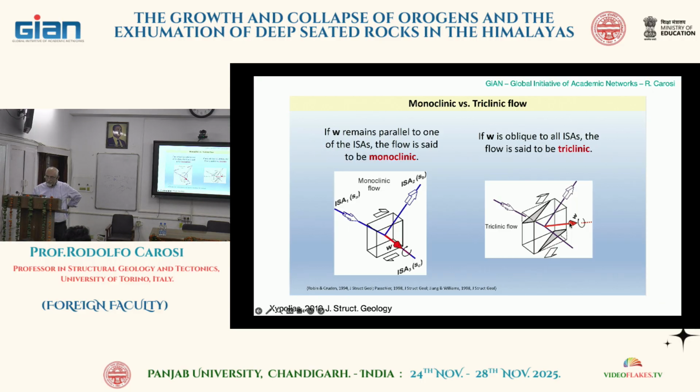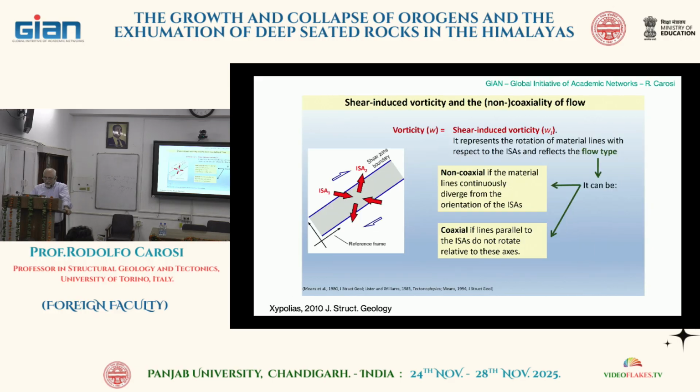And if this axis is oblique with respect to the ISA, we deal with triclinic deformation. It is very difficult to find and also to deal with. But for very high strain, usually the vorticity is parallel to the intermediate axis of the finite strain and also of the instantaneous stretching axes. And this helps a lot to reveal the deformation.